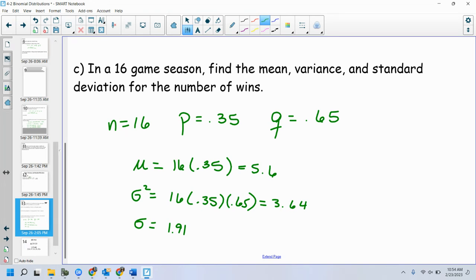So therefore, I can say that if the mean is 5.6 and my standard deviation is 1.91, how likely, rounded up to 2.79, how likely is it that the Browns are going to get an 11-win season? Extremely unlikely, right? Why? Because that is more than 2 standard deviations away from the mean.